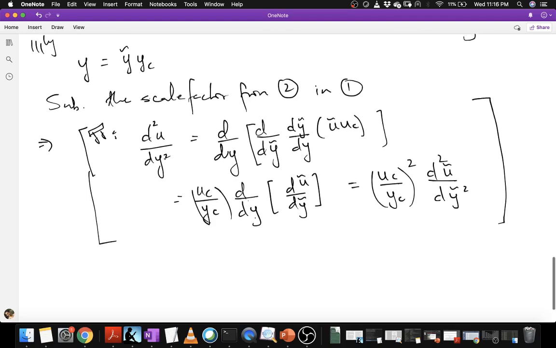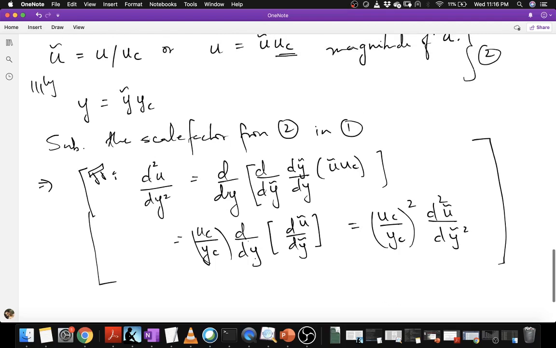So it would have been as good as saying d dy square simply means that I get a 1 by yc square factor outside, or by replacing y by y tilde times yc and pulling out the yc in front of the derivative symbol. So that's a kind of formal way of just doing it, but you can do it properly always with the chain rule.